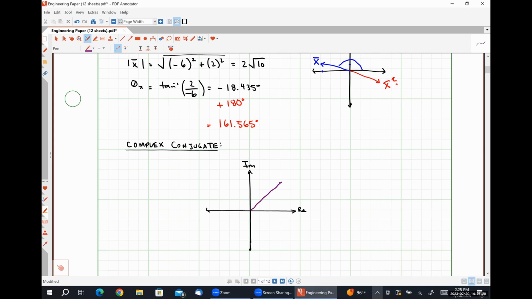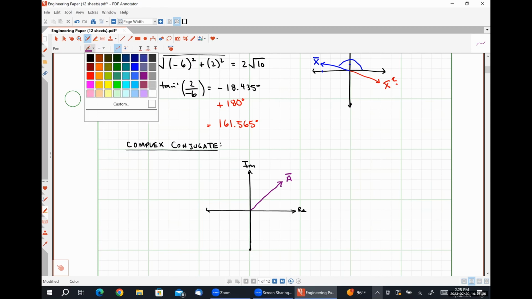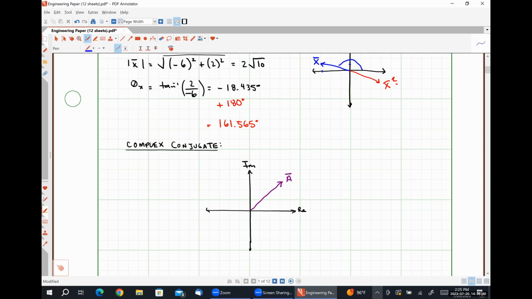I'm just going to have some complex number here. Let's call this A. The conjugate of A is simply the reflection of this number across the horizontal axis. So A conjugate would be somewhere down here.